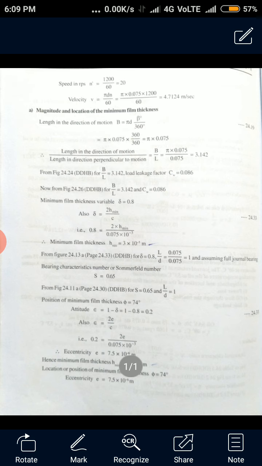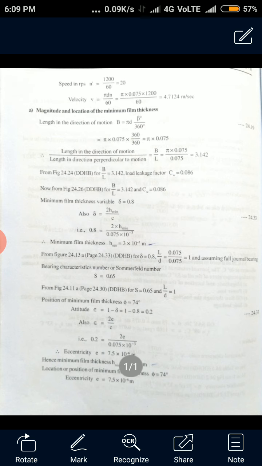For that, to calculate B value, B equal to pi d beta by 360 degrees. Assuming a full journal bearing, beta is 360, so we'll get the B value and find the B by L ratio. Based on the B by L ratio, refer to figure 24.24, we'll get a load leakage factor CW, and again refer to figure 24.26. Based on the B by L ratio and CW, we'll get the minimum film thickness variable delta. Once you have got delta, we can find the minimum film thickness by substituting into equation 24.33 to get h minimum.